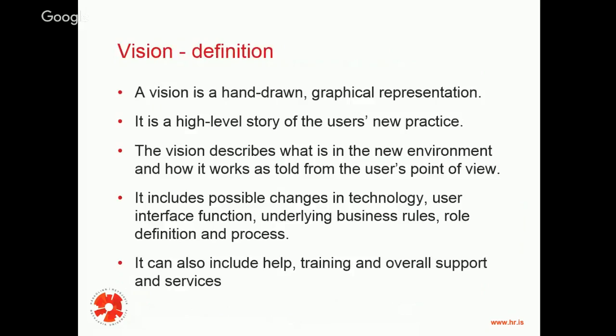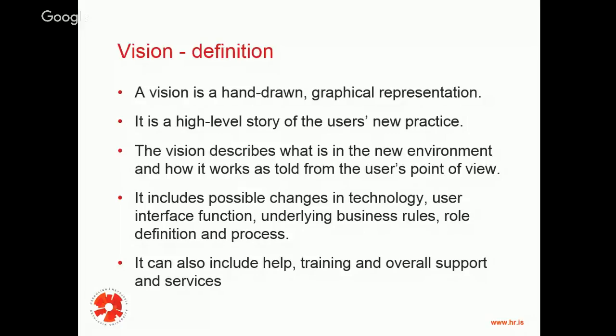So a vision is a hand-drawn graphical representation. It's like a high-level story, but in drawing, not words. It describes the environment and how it works, and it's told from the user's point of view. It should include possible changes in technology, maybe user interface functions, some business goals, and processes.